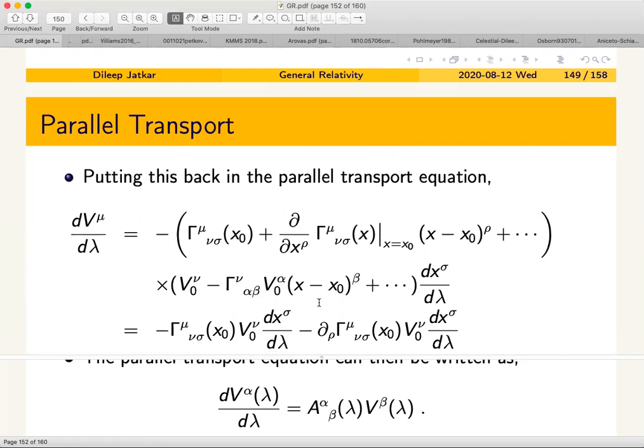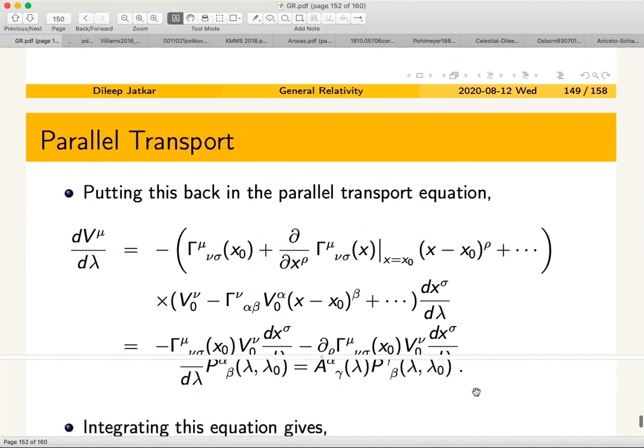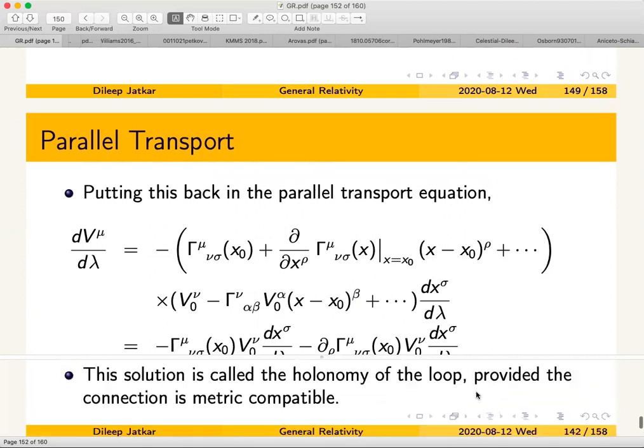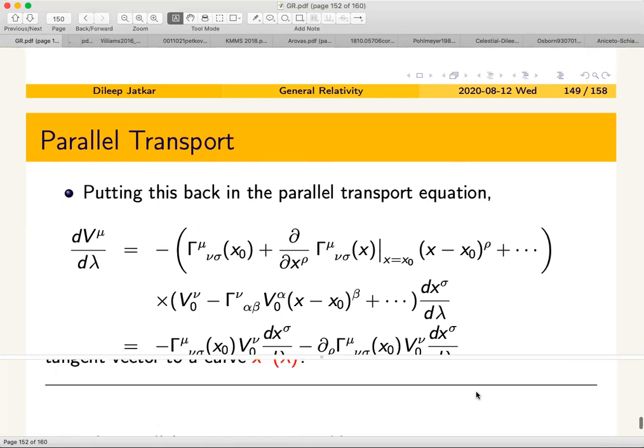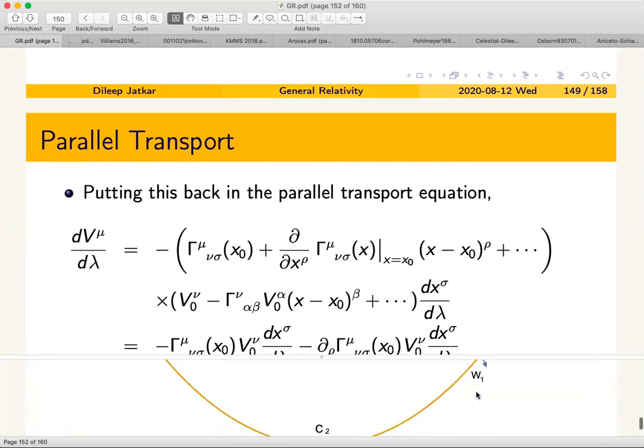Okay, is this okay? Is the procedure clear?